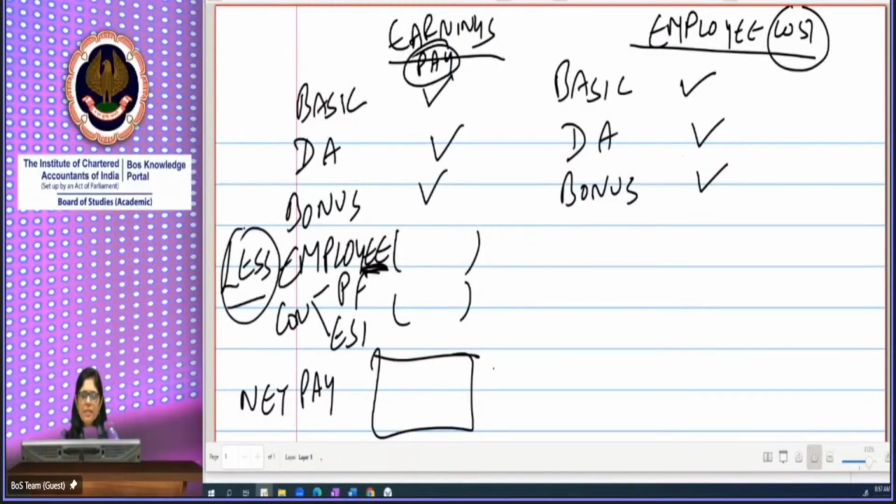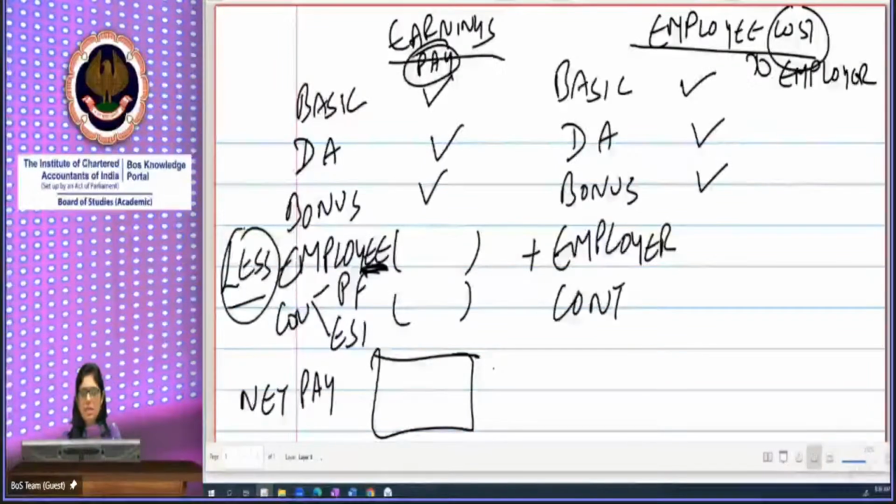All right. So this is the net earnings which will be paid. But when we calculate the employee cost to the employer, there are no deductions here. Basic, DA, bonus plus employer contribution. This is important.